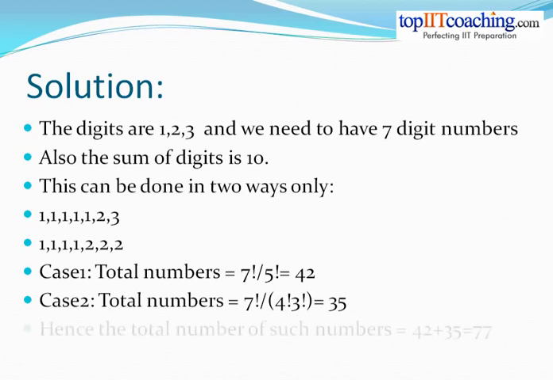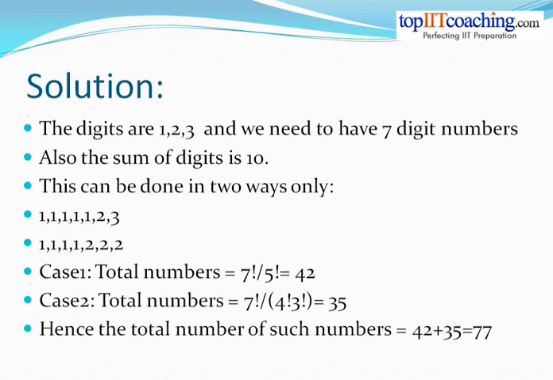Hence we can say that the total number of such 7-digit numbers using only the digits 1, 2 and 3 and whose sum is equal to 10 is equal to 42 plus 35 and that is equal to 77. So the correct option is C. Once again, what we have done is we have considered 2 cases.